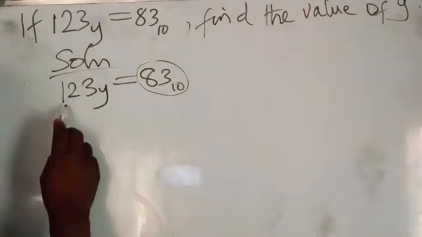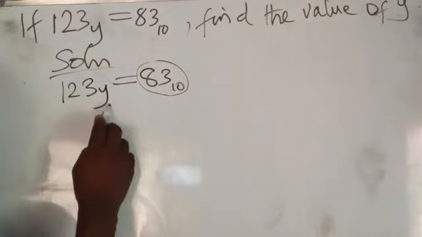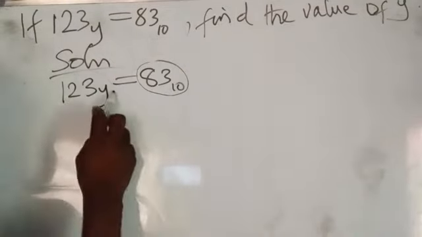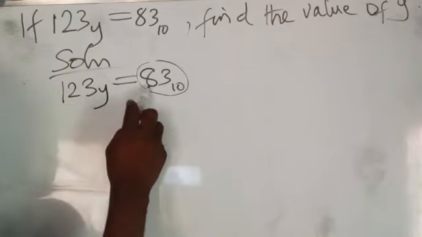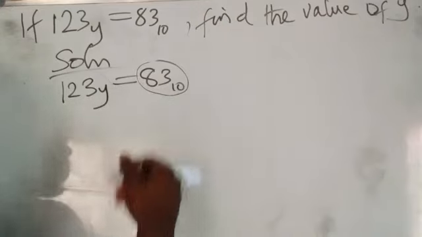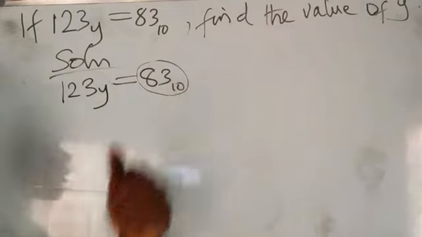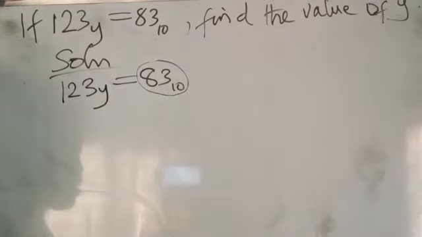To work with the left hand side of this equation, you have to convert this base y to base 10, so that what is on the left hand side will be at the right hand side, which is also base 10. Base 10 is just a normal number, a natural number. Are you getting it now? Base 10 is what is common to all other bases. That's why if you want to convert from one base to another, you first have to go through base 10 before you reconvert.